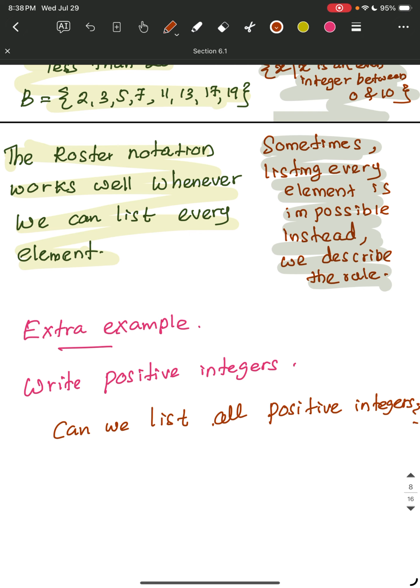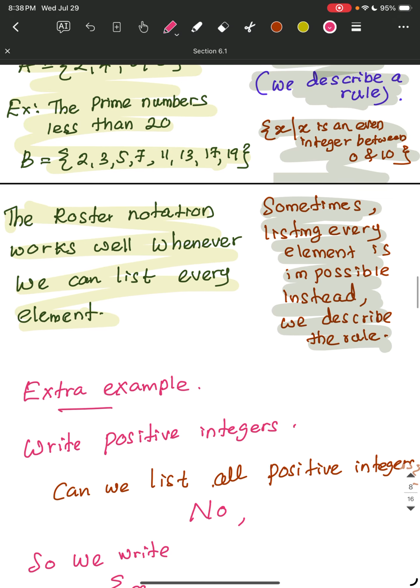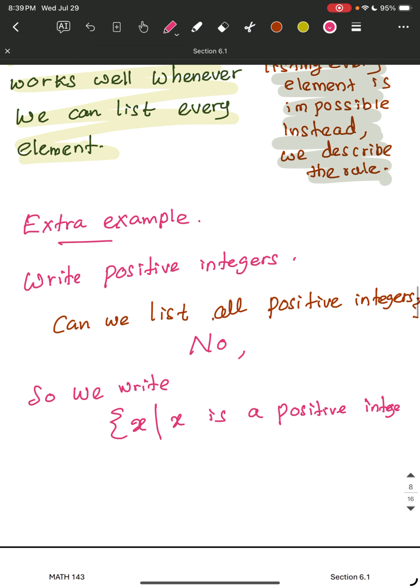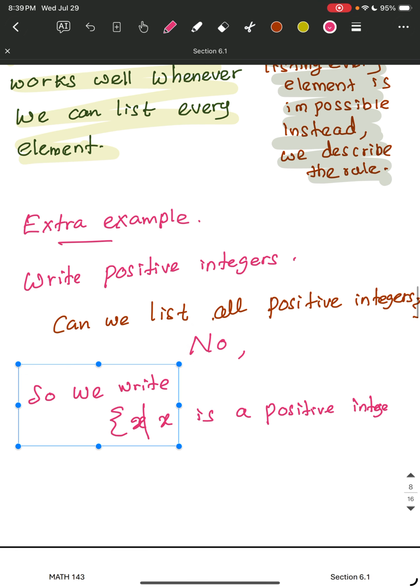Is it possible? No. So we describe it in the set. The answer should be no. Therefore, we write x is a number such that x is a positive integer. Right? x is a positive integer.